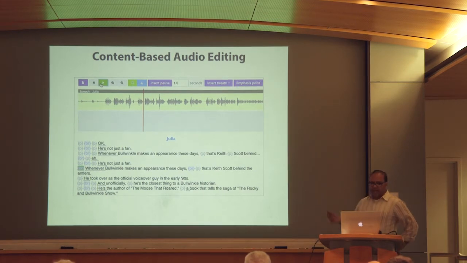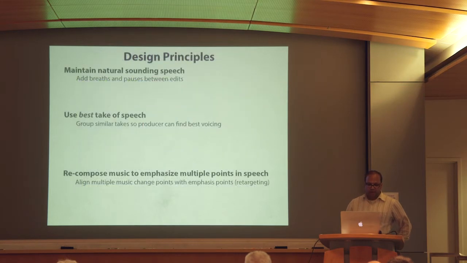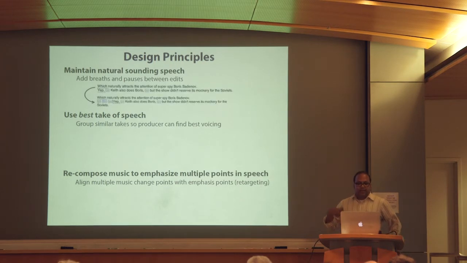So we can do the cut, copy, paste that I showed you earlier, but we also incorporate additional design principles. So first, it's really important for speech to sound natural after you do an edit. And so we provide this tool for inserting breaths and pauses between the edits to make it sound correct.